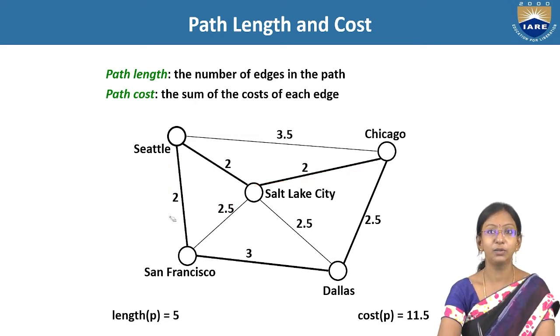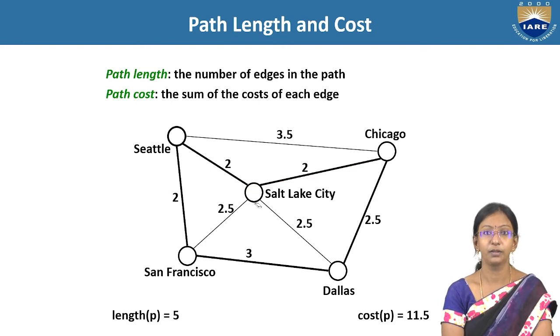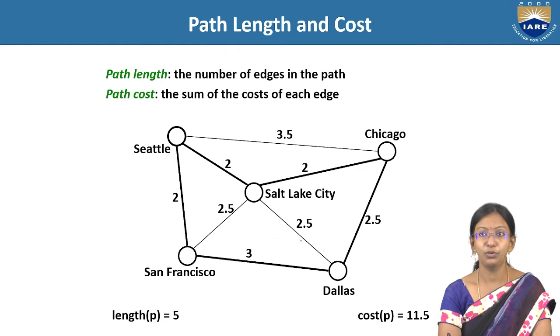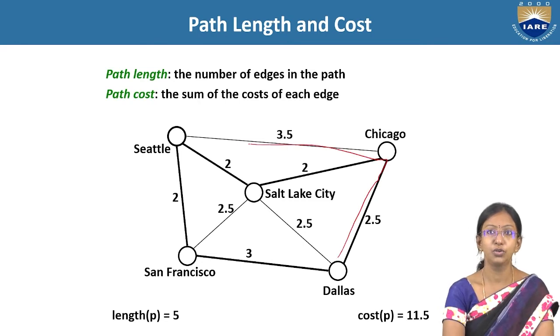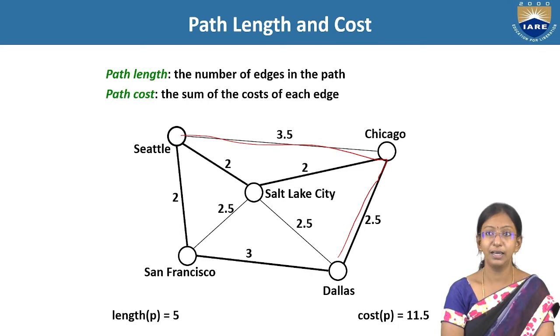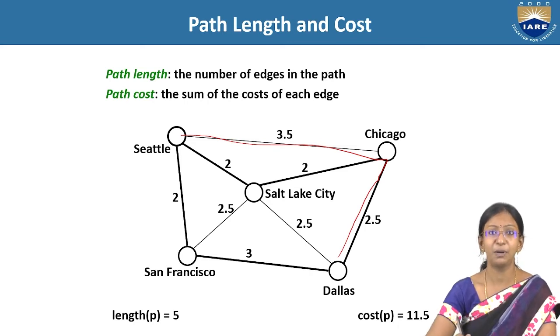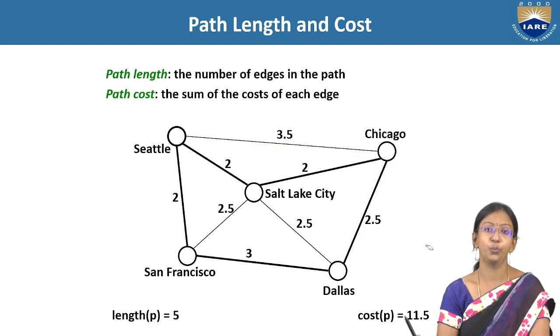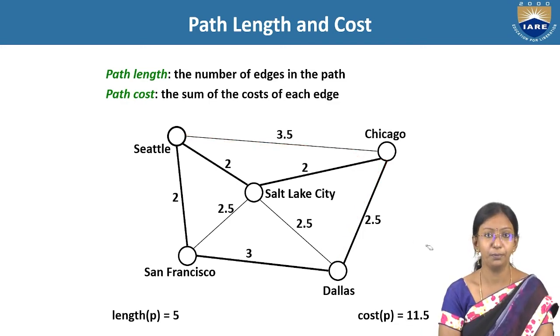So the path length will be 3. One more example: if I want to travel from Dallas to Seattle, via Chicago, the number of edges that participated in this path is 2. So the path length is 2. I hope you got my point.